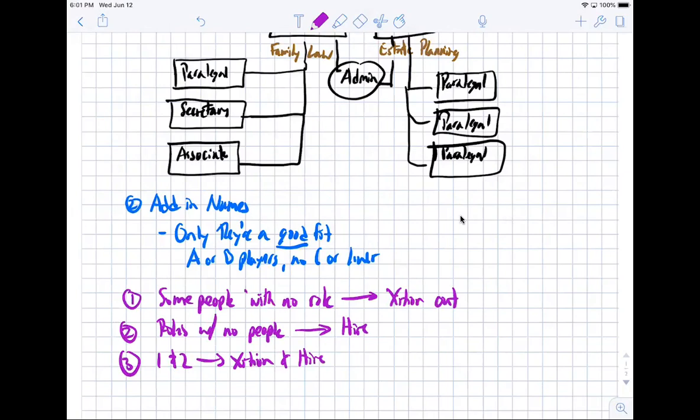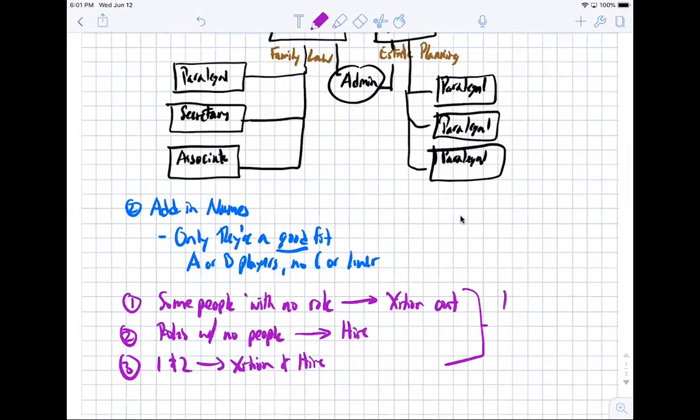Oftentimes when you get down to this area here, they're going to be looking to you for best practices on hiring, laying off, and performance improvement. Most attorneys don't want to let anybody go, like most business owners.